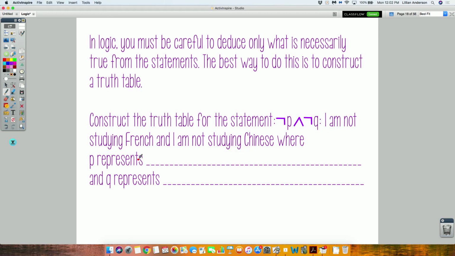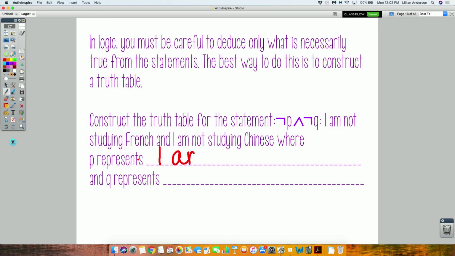All right, here we go. So, like I said, we're going to construct the truth table. It's very rare that you're going to actually end up constructing a table from scratch. They usually start you off with your P's and Q's to make sure that the key and the mark scheme all look the same as your paper. So, what does P represent? Studying French.